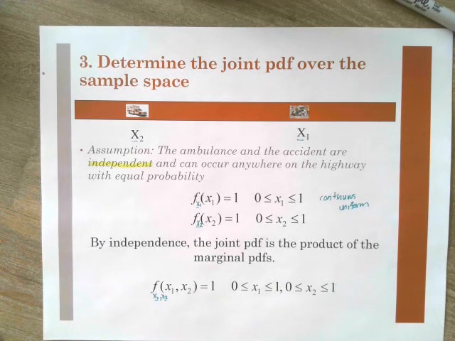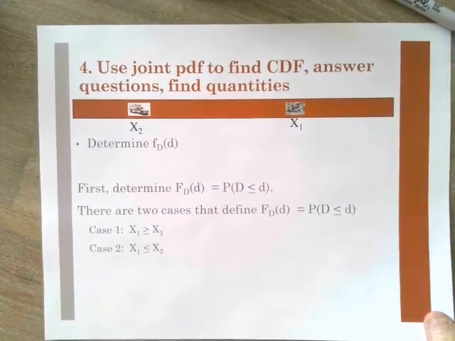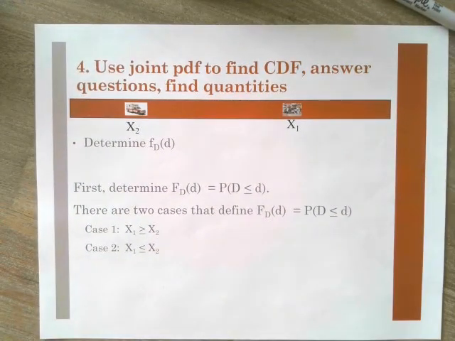But now we're going to use this joint PDF to figure out what the CDF is and answer some questions and find some quantities, all right? Now, I'm actually going to do it kind of backwards from what the slide says in this case, because I want to exploit this geometric unit square that we've got.